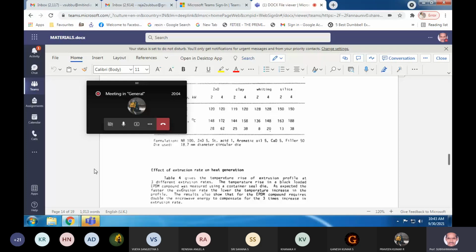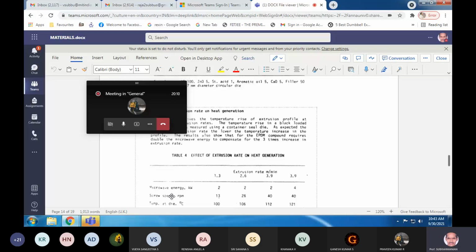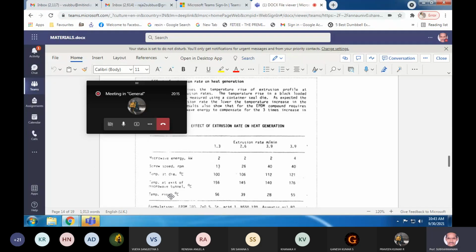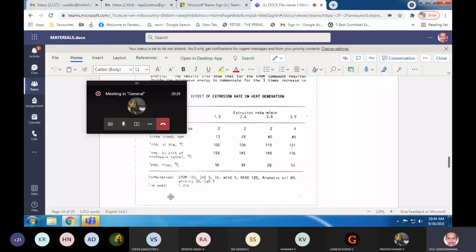Table 4 describes the role of extrusion rate on the heat generation. As we see, extrusion rate is the screw RPM. Okay, you double it or increase it further and understand what happens to the rubber compound temperature.